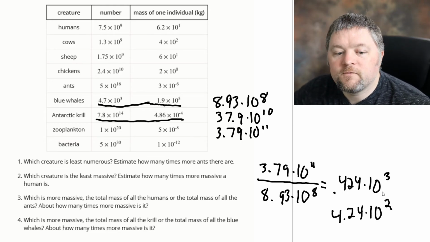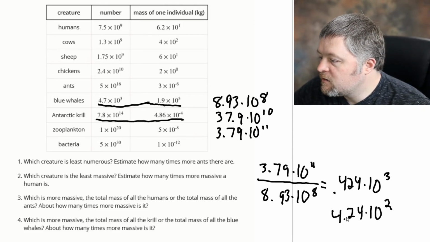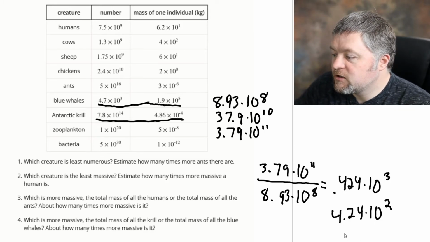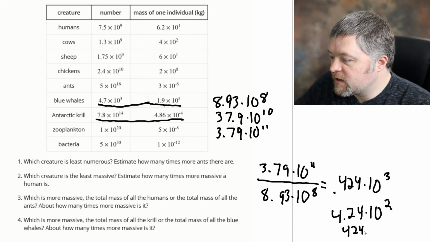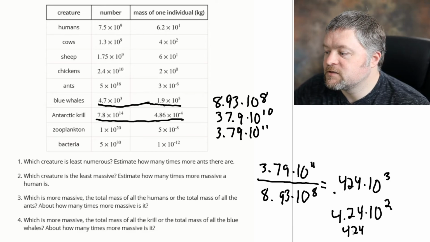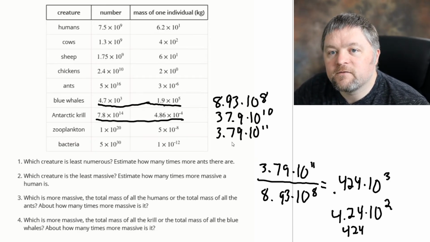Power of 2. 4.24 times 10 to the power of 2. So there are 4.24 times 10 to the power of 2, which you could also think of as just 424 times more mass of krill than the mass of blue whales.